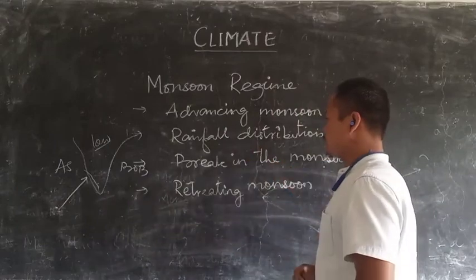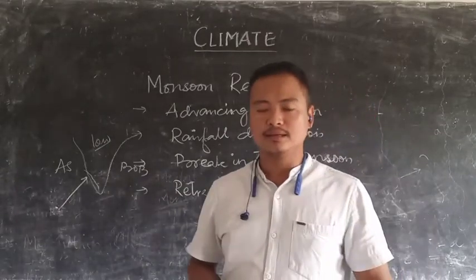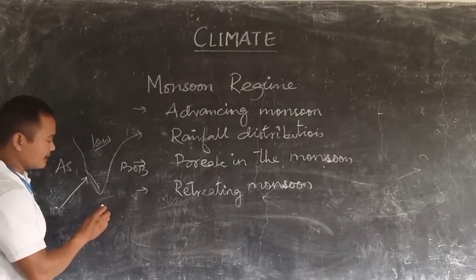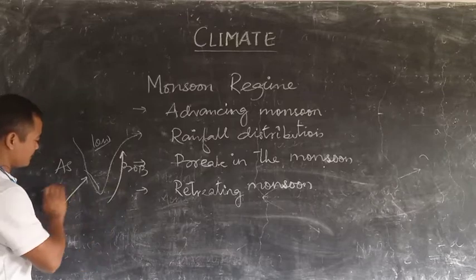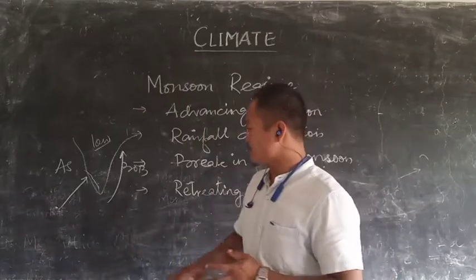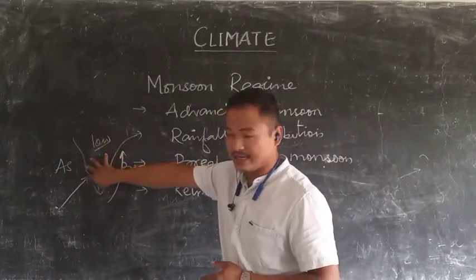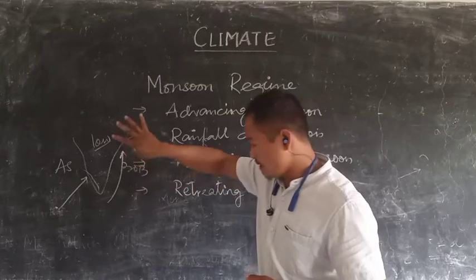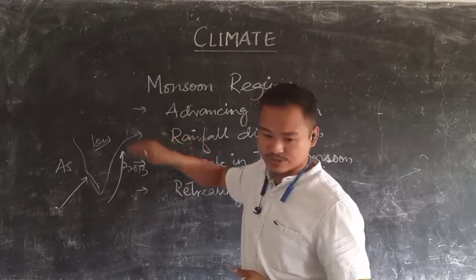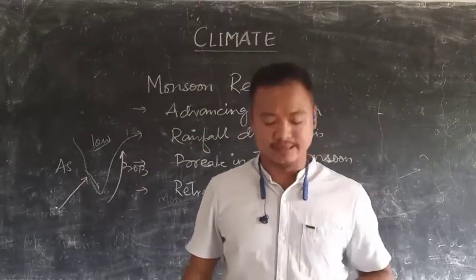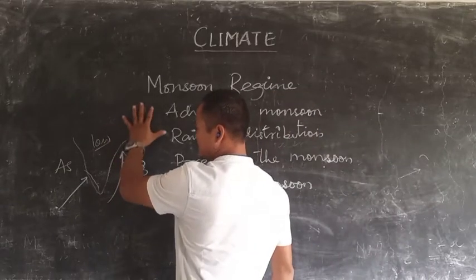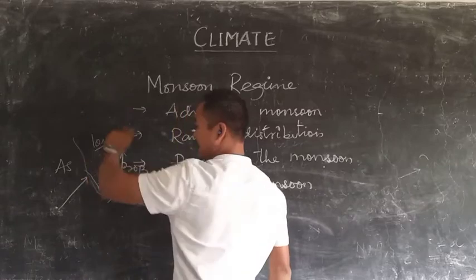Now, regarding rainfall distribution, the monsoon wind is divided into two branches. One is from the Bay of Bengal, the other is from the Arabian Sea. The Arabian Sea branch happens to cover the larger part of India, while the Bay of Bengal branch mostly focuses on the eastern part of India and also along the Himalayan belt.